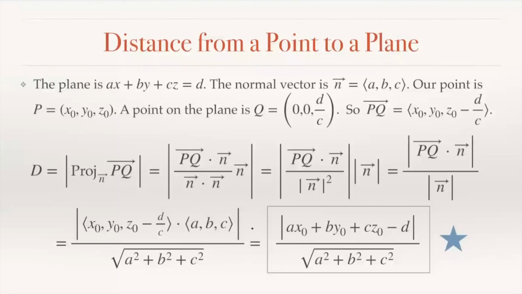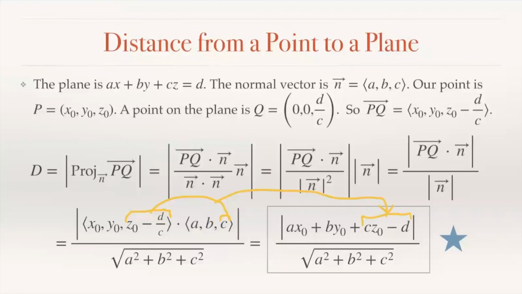So now finally plugging in the points, our point Q that we have found, an arbitrary point, and PQ, and n being a, b, c. So PQ is this, n is that, and we take the dot product, and we have a times x naught plus b times y naught plus c times z naught minus d, and that product is this.